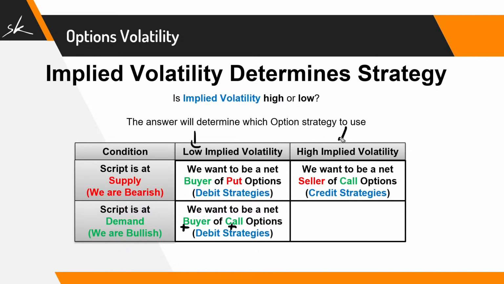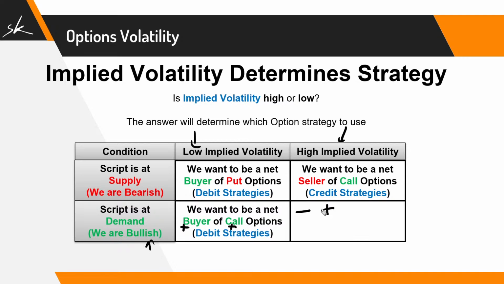Now, if the implied volatility is high, which implies we are at expensive price, at expensive price we would not like to buy, we would like to sell, right? So the first thing is I'll be selling, and now I want to create a bullish position. If I sell a call, then plus minus is minus, and minus is not a bullish position.